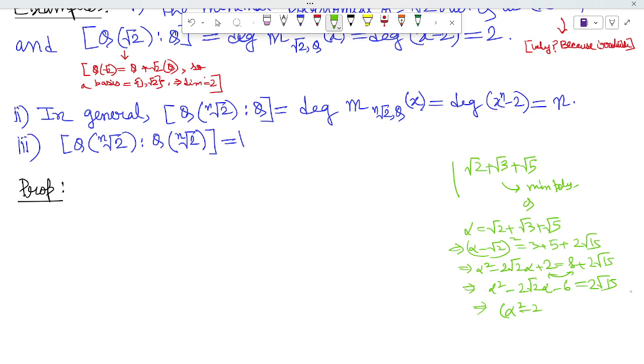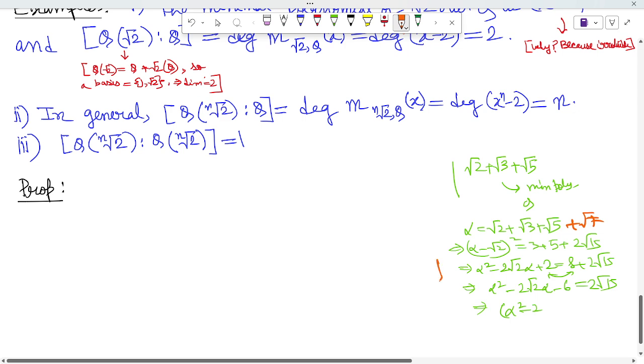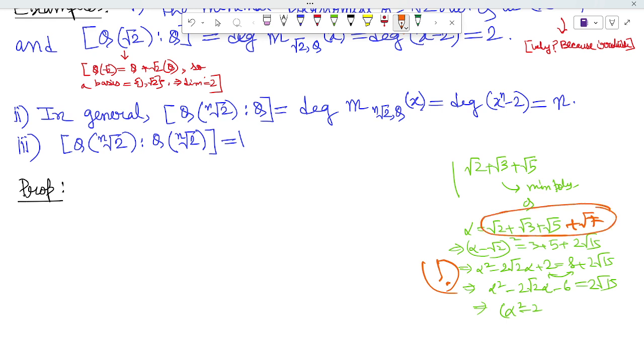Suppose I give you an extra element, then there will be a more hefty process. So how do you know whether it is algebraic or not? Relating to this, there is a proposition, which I am going to write.